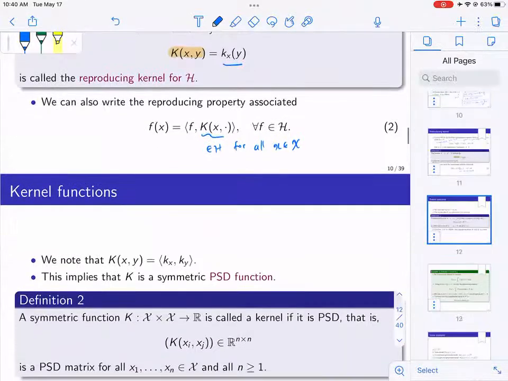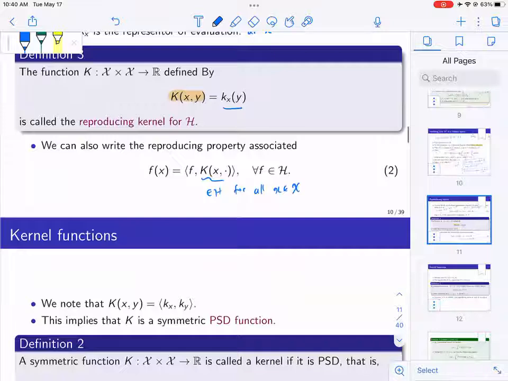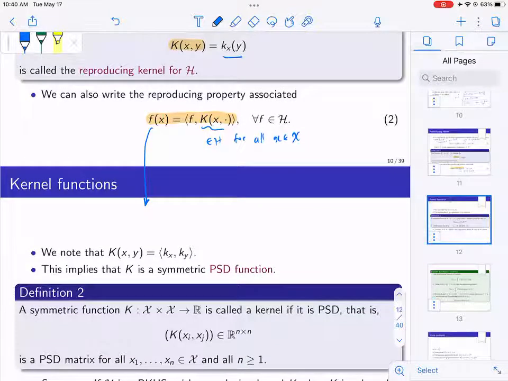Okay, one more point. If I apply this reproducing property to the function f, which is, let's say, k_y, so if I do k_y(·) and then k_x(·), what will happen? Because k_y(·) is also an element in the Hilbert space.